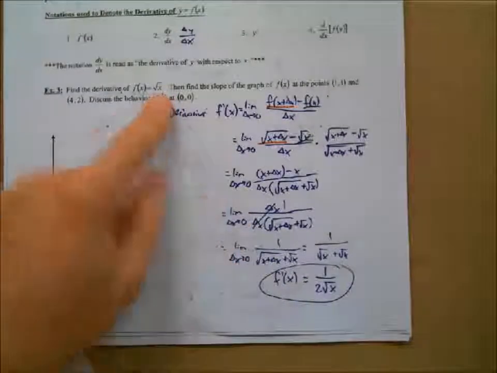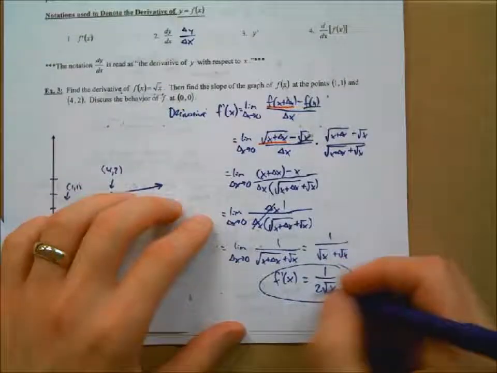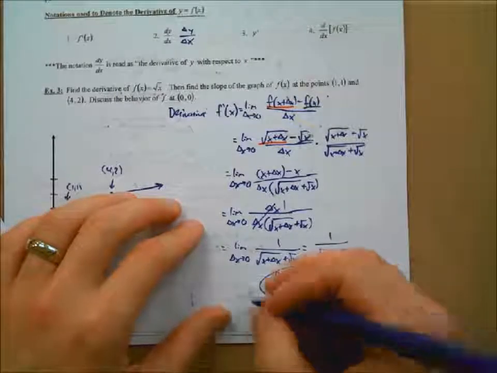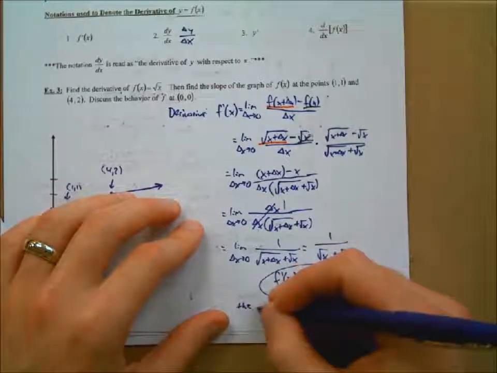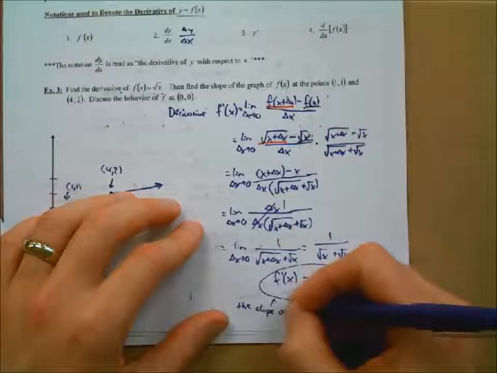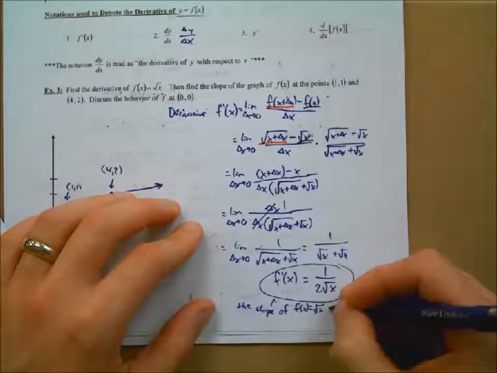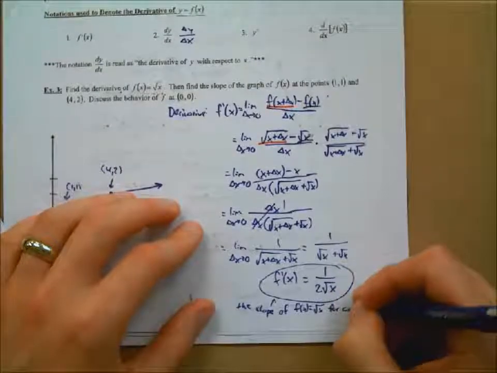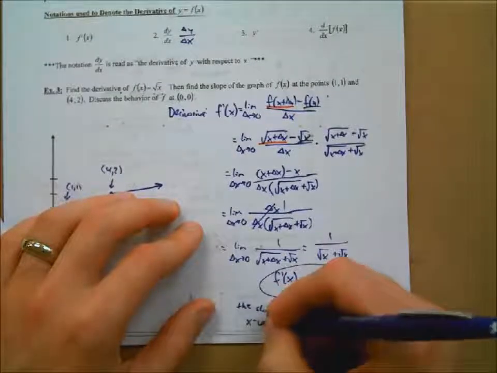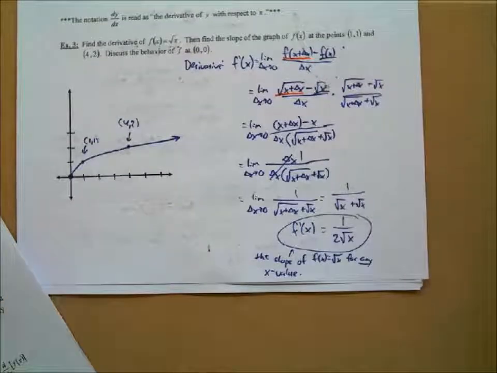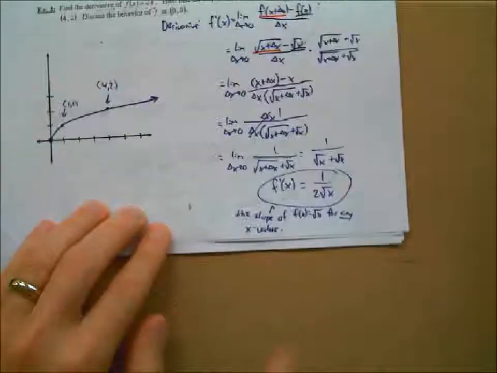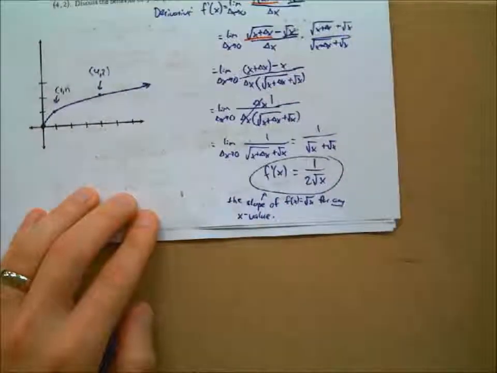So you can think of it as the slope of f of x equal to the square root of x for any x value. Think of it like a generic formula for the slope of this specific function, square root of x.